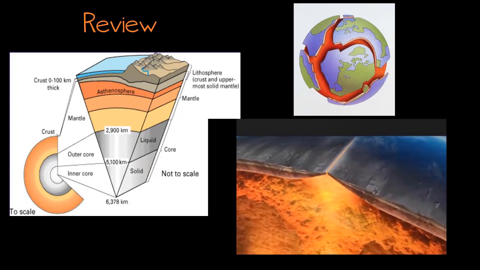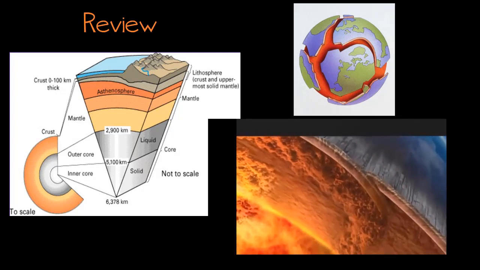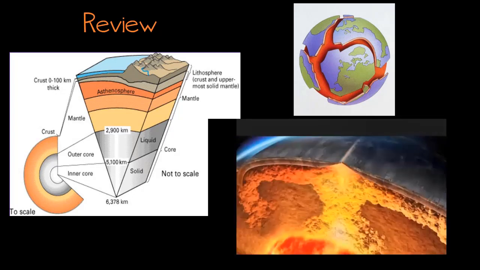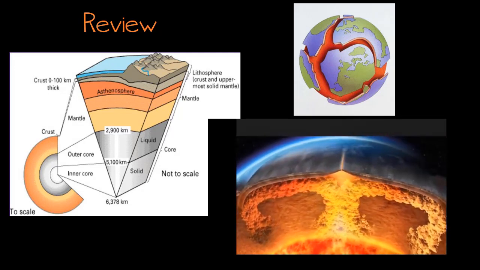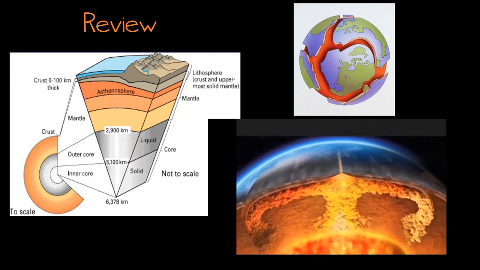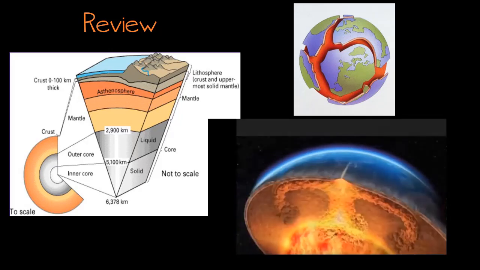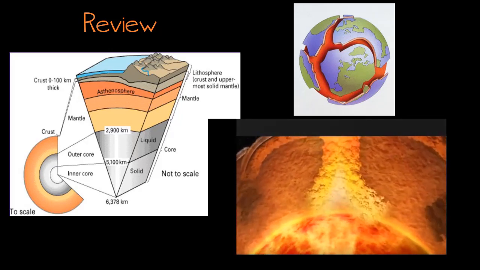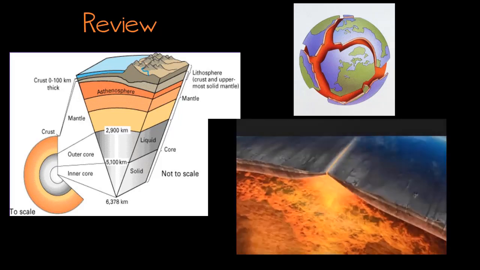And as the asthenosphere moves, those tectonic plates floating on top also move. And this is what causes a lot of different geologic activity on Earth, including volcanoes, earthquakes, mountain formation, ocean trenches, and the creation of new crust and the destruction of old crust.